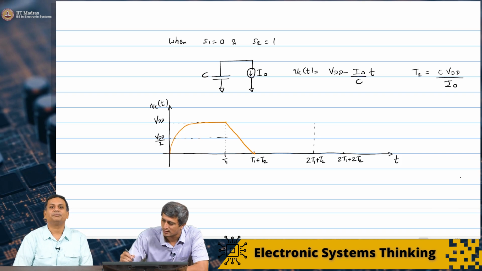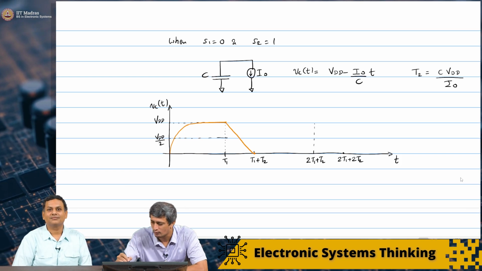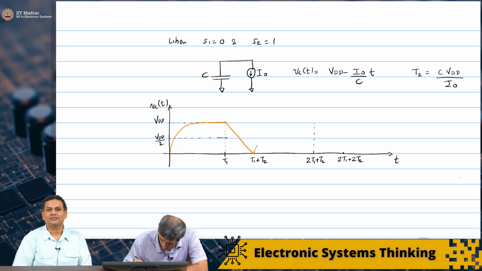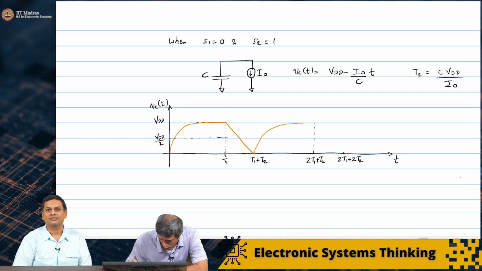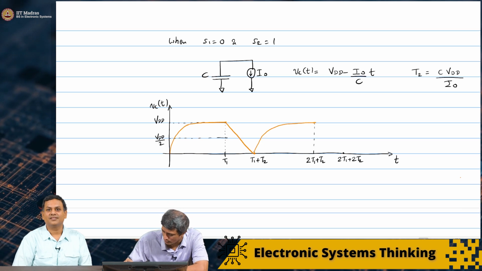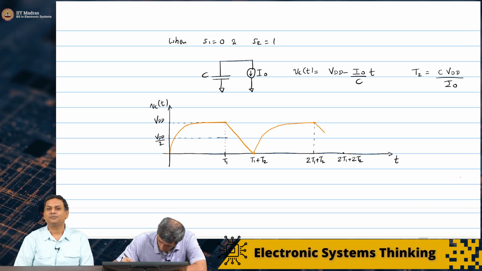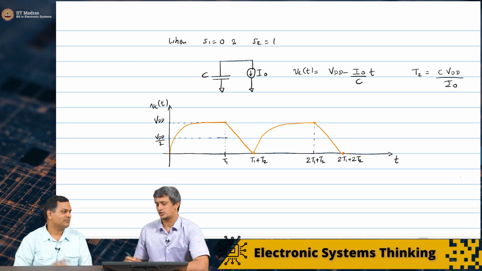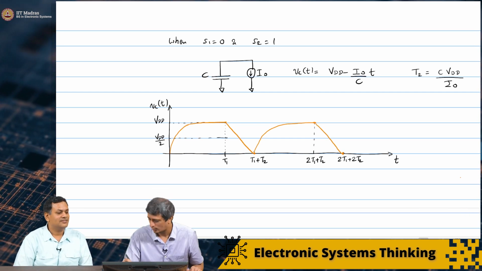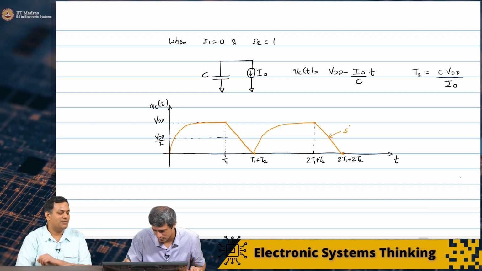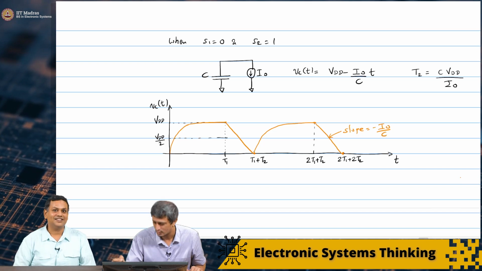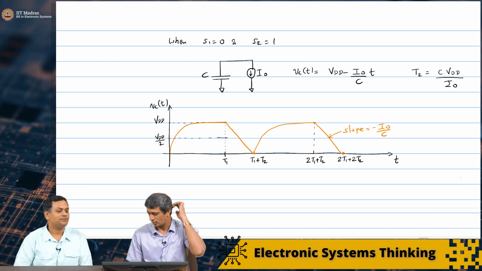So this again will go up exponentially, sorry, charge up, and then it will again drop to this. And this will keep repeating over and over again. This is an interesting shape: an exponential on one side and then a linear drop on the other side.